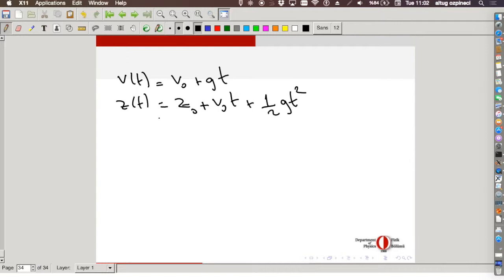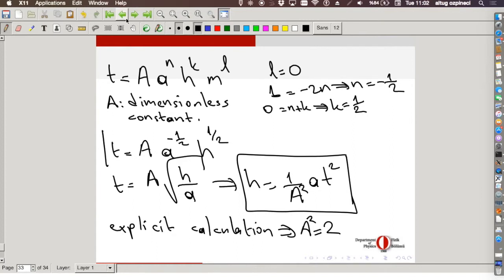How can we find the dimensionless constant? You have to solve the problem explicitly, not by dimensional analysis. You see, it might turn out that you are looking for some dimensionful parameter, and from the parameters relevant for your problem, you cannot form a combination that will give you the parameter that you are looking for.